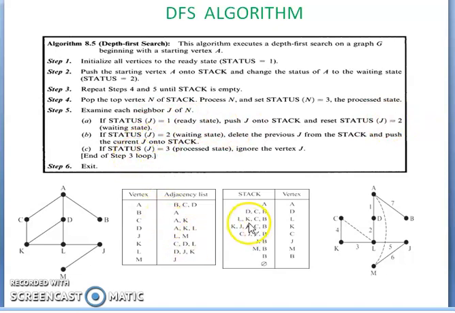We are still processing; one more adjacent vertex of D is L, which is pending. Once A is over, ignore it and come to the next neighbor of D, that is K. Verify the status of K. The status is the ready state, that is 1. Then reset the status value to 2, the waiting state.